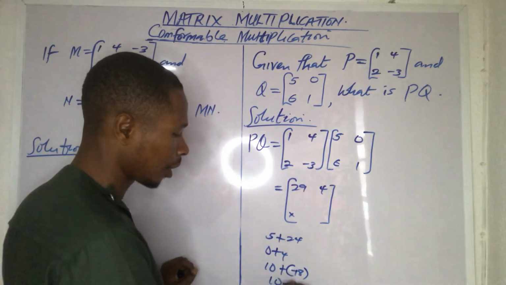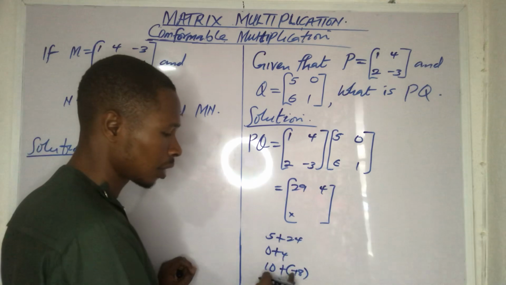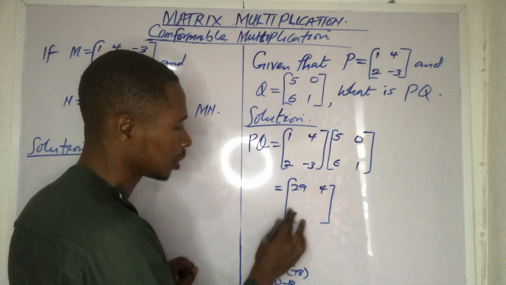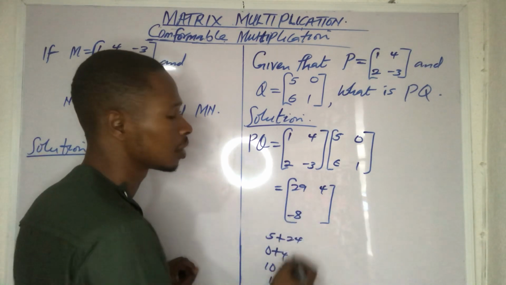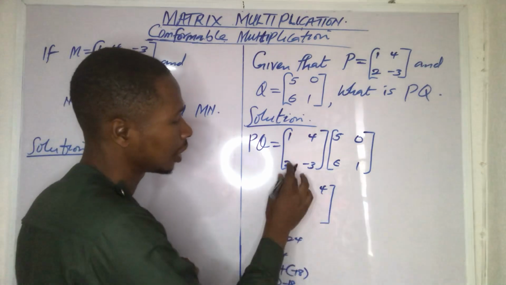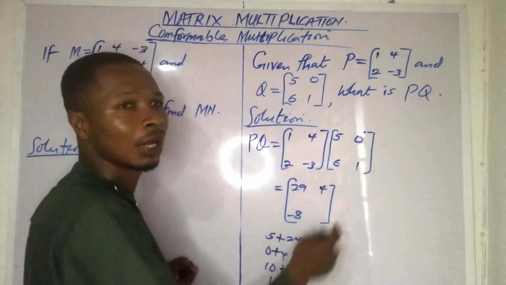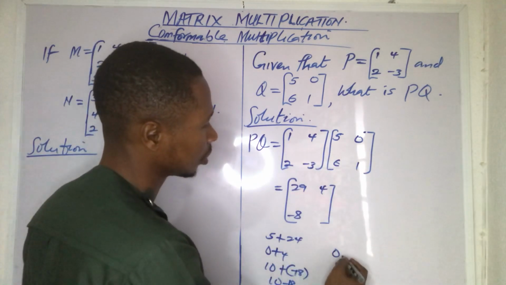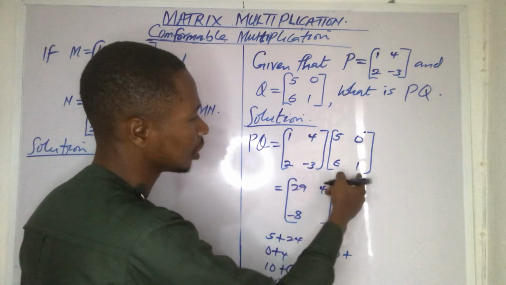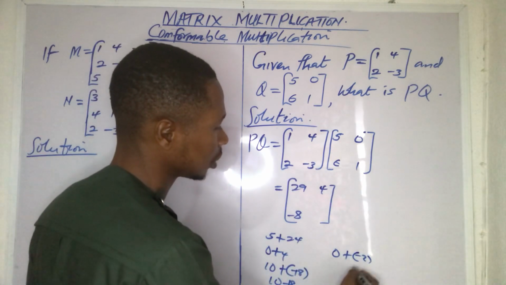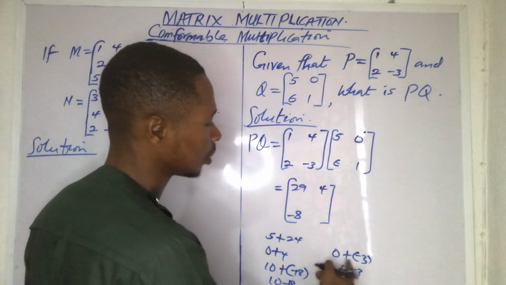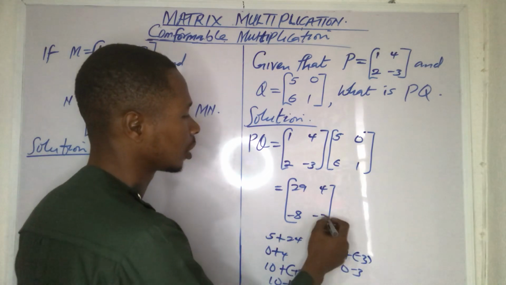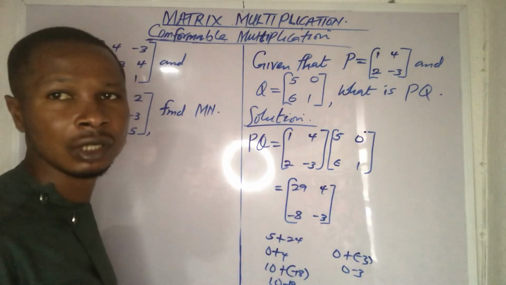So you have 10 minus 18, plus times minus is minus, then 10 minus 18 will give me minus 8 here. So to get what is here, this second row will still multiply everything here. So I have 2 times 0 is 0, plus minus 3 times 1, that is minus 3. You have 0 minus 3, that will give me minus 3.